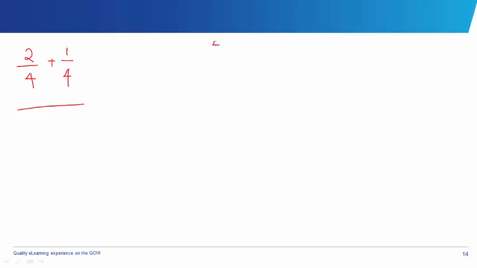How do you do LCM? Don't forget our LCM. We'll do something like this and divide. 2 can divide through both of them. 2 can also divide. We have 1 1. So the LCM is 2 times 2, that is 4. So put 4 here. 4 into 4, 1. Then 1 times the one above, 1 times 2 will give us 2.